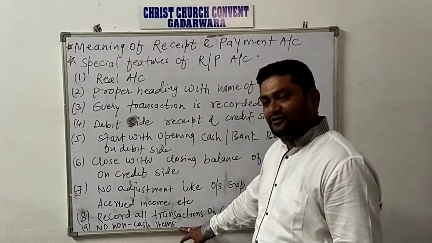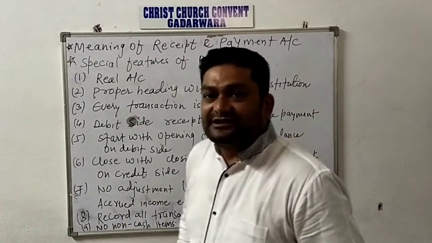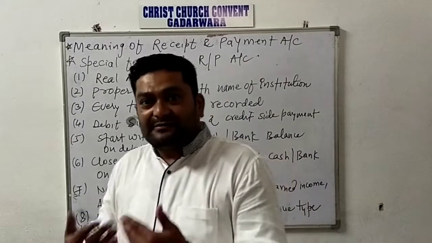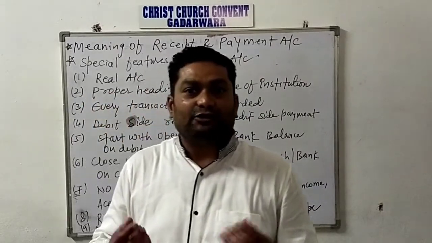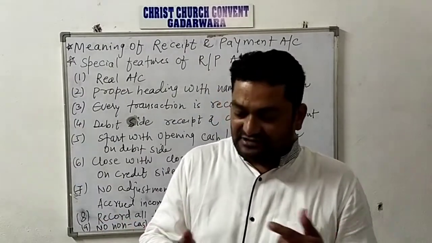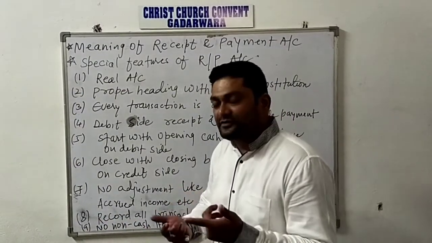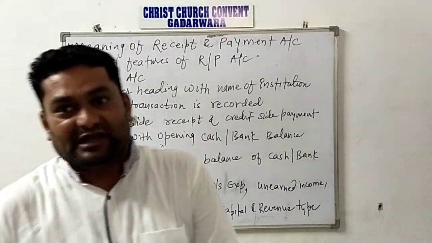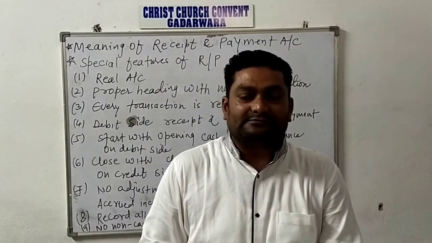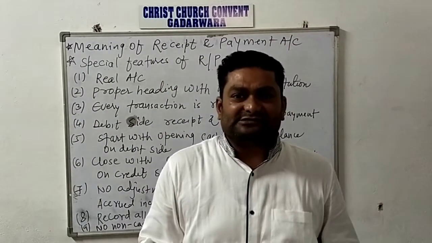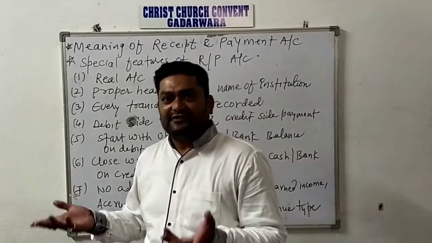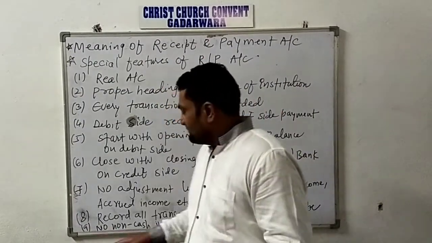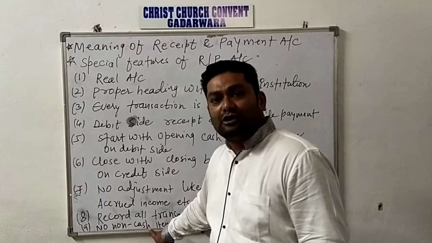And last one, no non-cash item is written. There are some expenditures or some assets which have no value in cash in business. For the expenditures, we have depreciation. Depreciation is a non-cash item which takes place already. If any fixed asset is there, depreciation will take place. It is not in control, but it is a non-cash, non-monetary item.